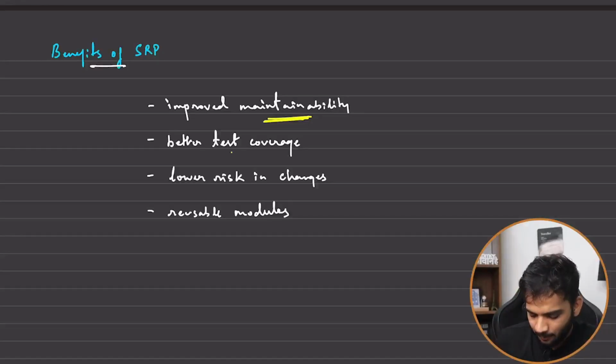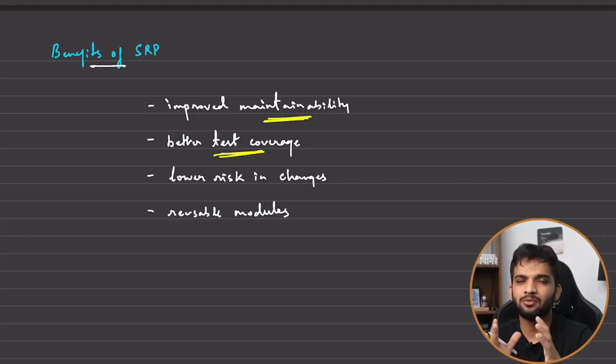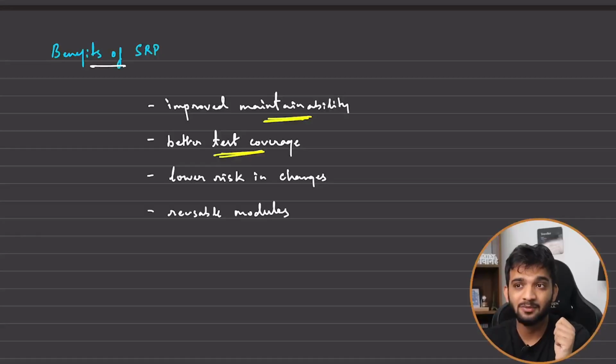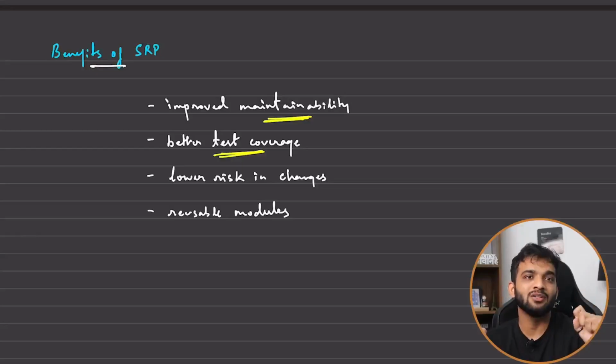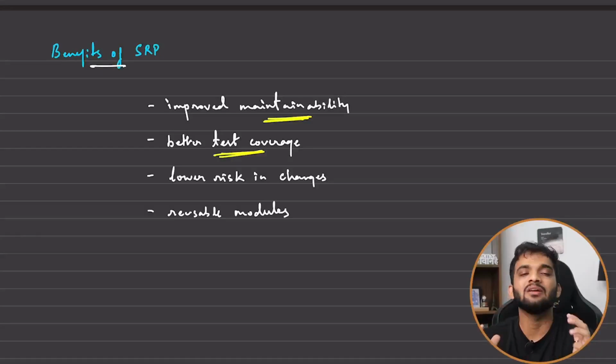Next one, better test coverage. Whenever you're writing code, I'm not sure how many startups write unit tests early. Startups that are just starting usually avoid it. But if you grow, eventually you will add unit test cases because the code base is growing. You'll have to make sure that any of the new changes do not break production, and for that unit test cases are very, very important.